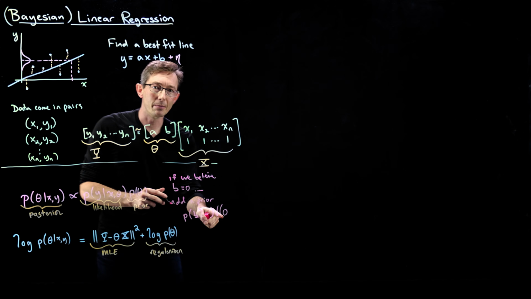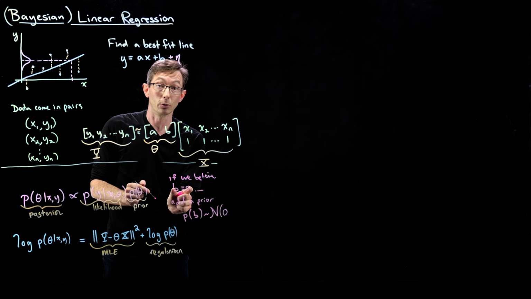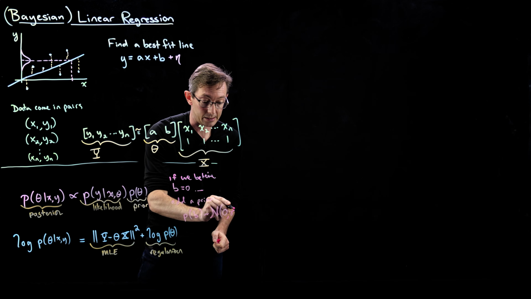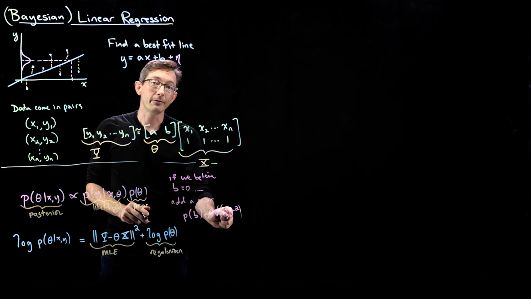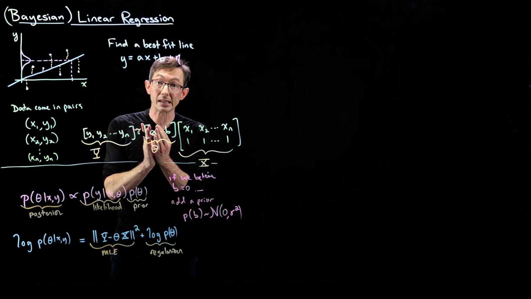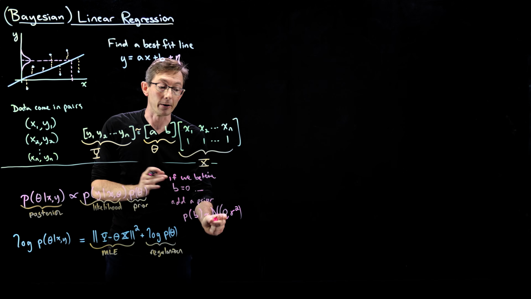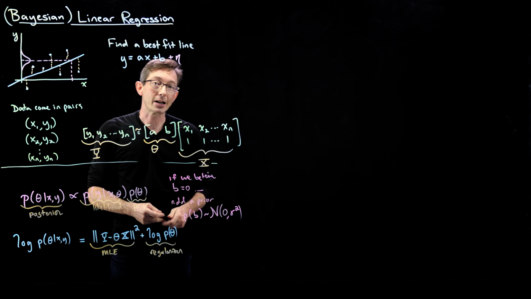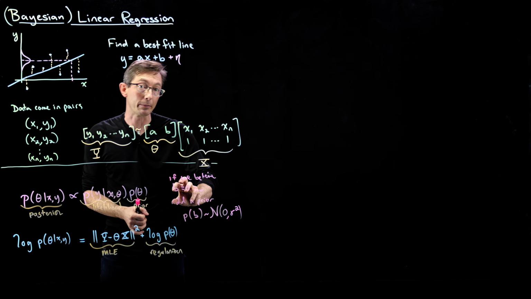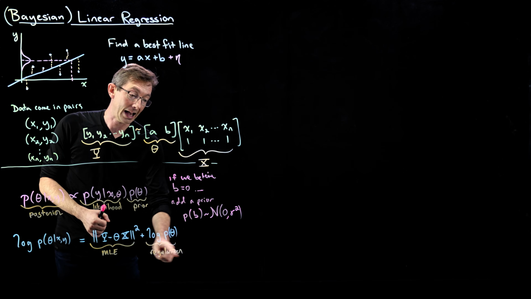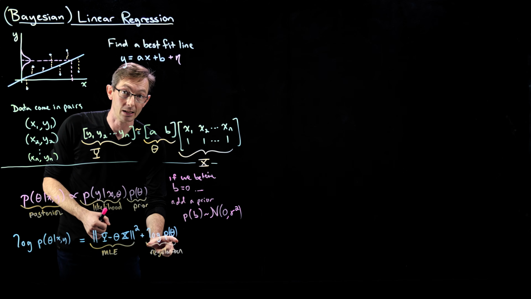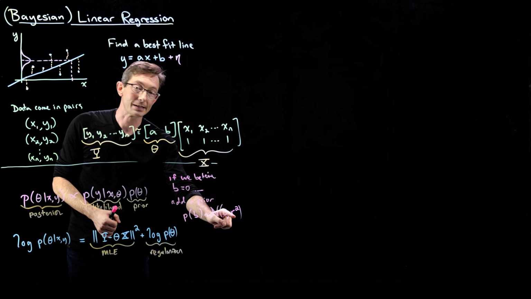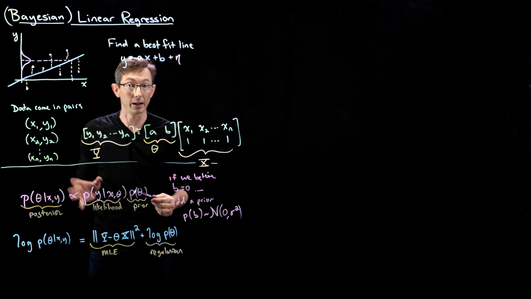Sorry, I'm standing in front of it. With a mean at 0, that literally means it should equal 0, with some variance sigma squared. If that variance is really, really small, then that's a strong prior. And if that variance is really, really big, then it's a weak prior. So we can play around with how strong that prior is, or in fact, how strong the regularization is, by changing this variance sigma squared in our code.